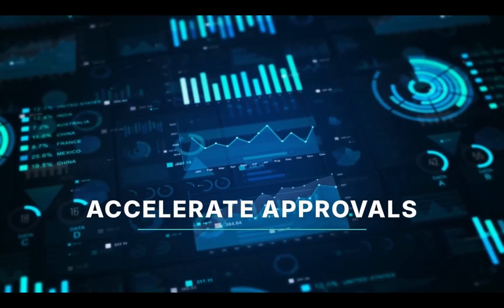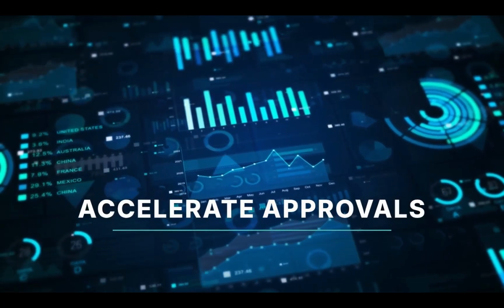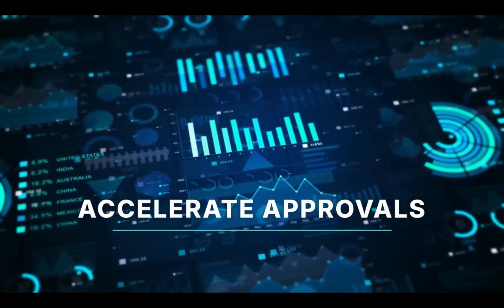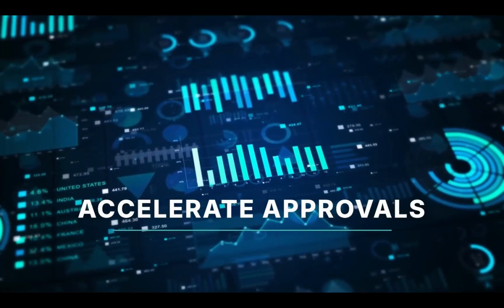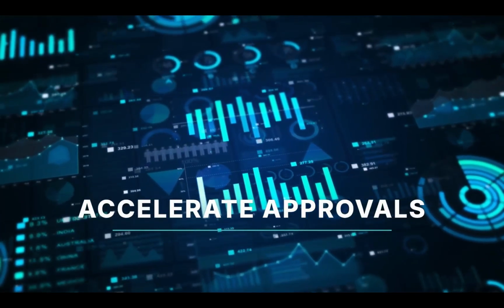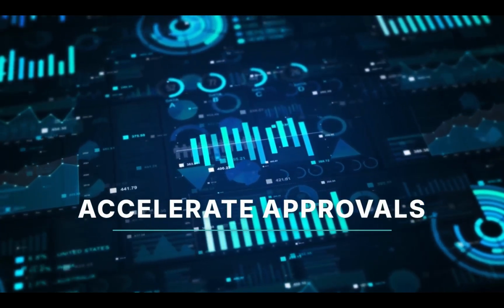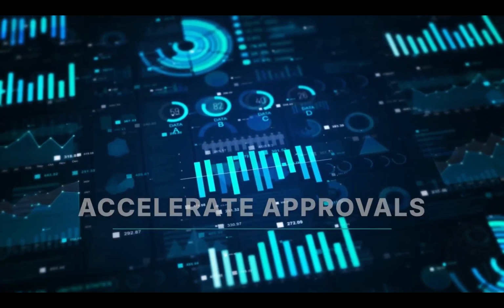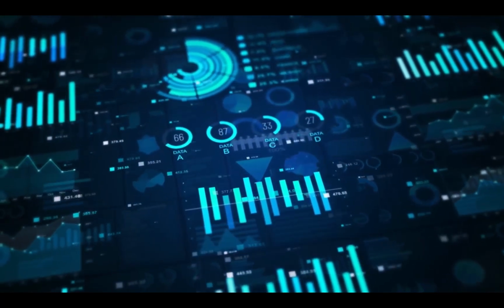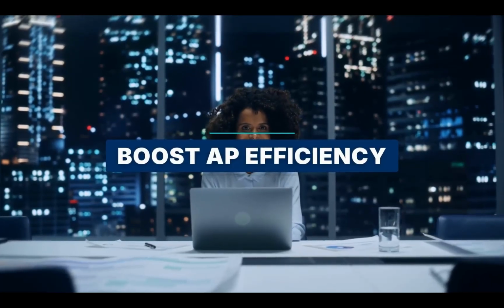No delays. Invoices are instantly routed to the right approvers through automated workflows, helping your team avoid approval bottlenecks, missed emails, and manual follow-ups. Real-time notifications and mobile approvals keep the process moving, accelerating invoice turnaround, and ensuring faster processing across your entire AP workflow.